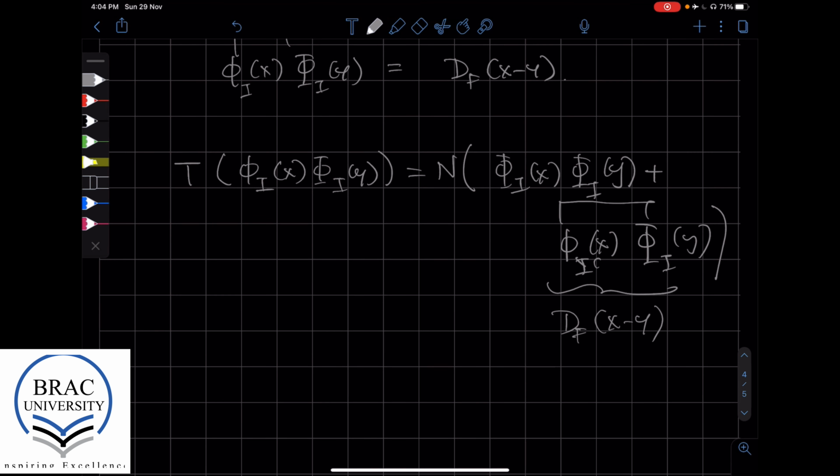So this is known as Wick's theorem for two operators.